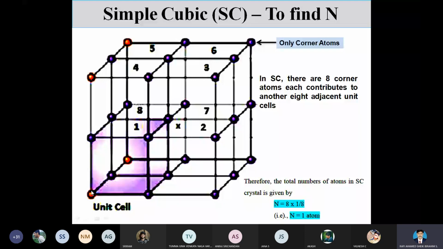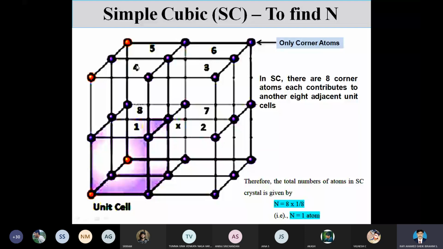From that unit, I am going to consider any one atom, for example this atom that I have marked as X. How does this X atom contribute to the other unit cells? This X atom is shared with the second unit cell, the third unit cell, and the fourth unit cell.